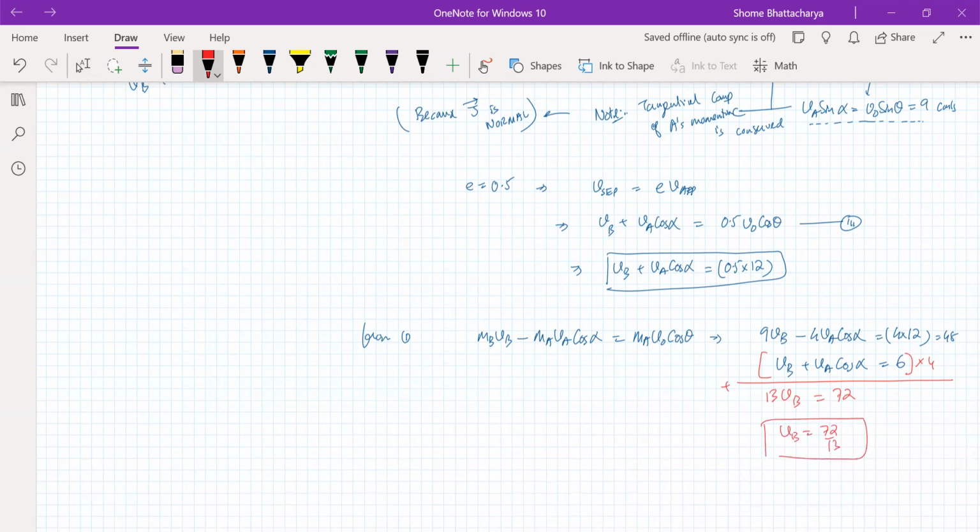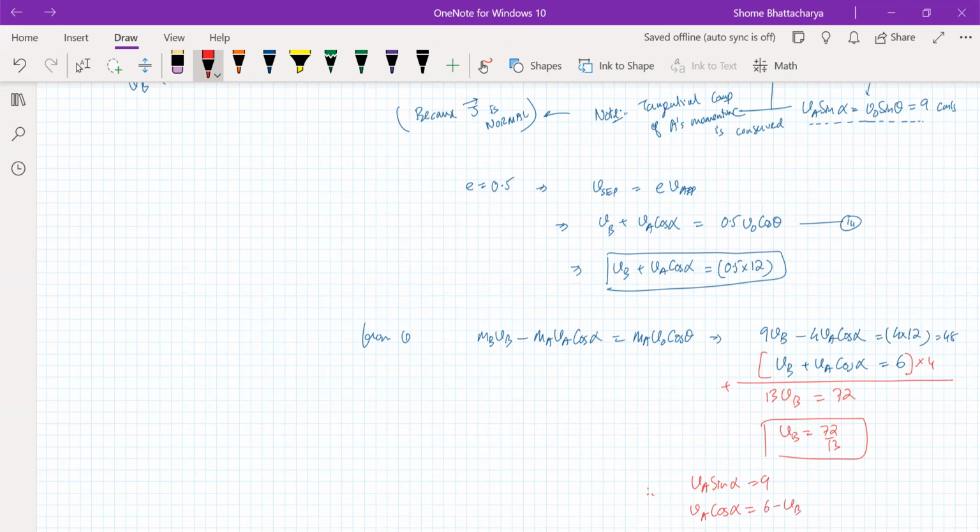Now from the earlier equations we have VA sin alpha was 9, and from here VA cos alpha we can write as 6 minus VB.